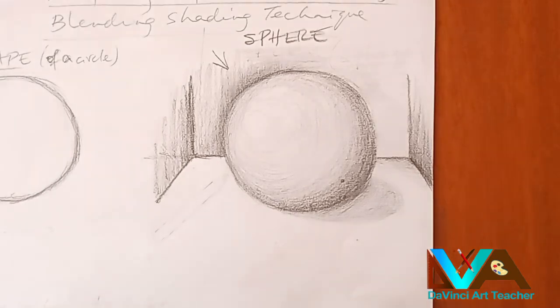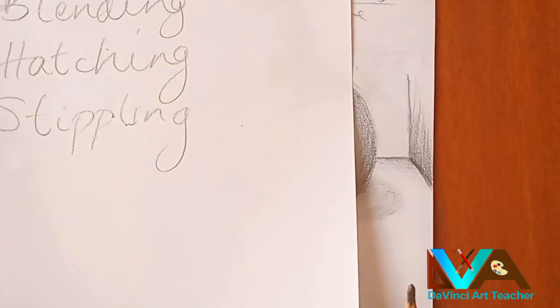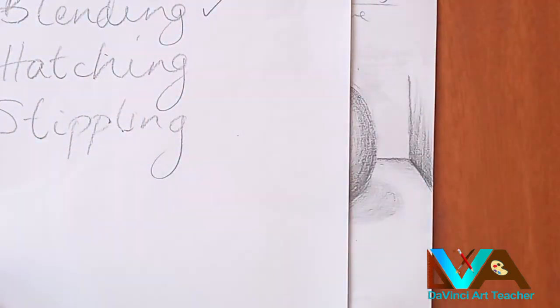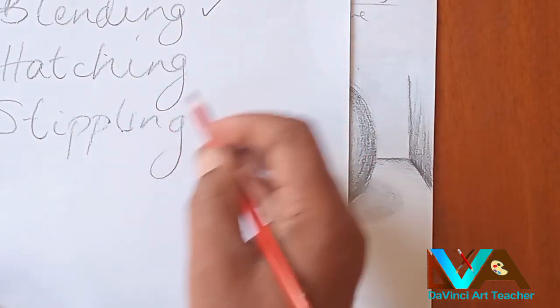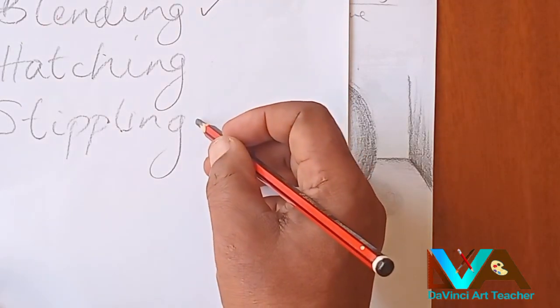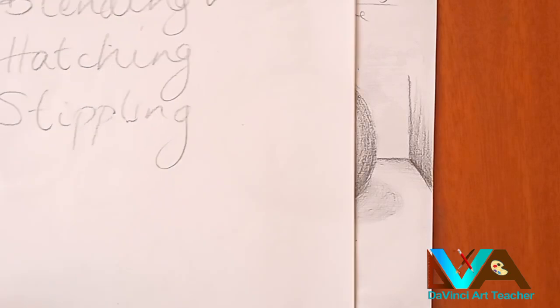We shall continue with the same shading technique called blending. There are some other shading techniques. For example, we have learned about the blending shading technique. In our next lesson, we shall learn about hatching. It's another shading technique. And then we shall also learn about stippling, another shading technique.